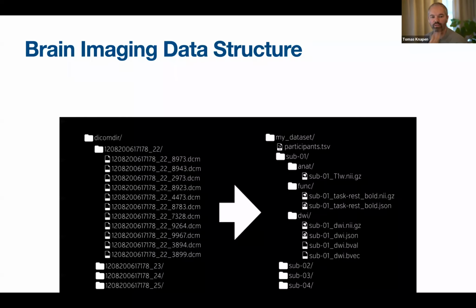So what's this BIDS? Well, as your data come out of the scanner, it's a jumble of files like this. It's really hard to make sense of. So what the brain imaging data structure does is it says, even though your data might be coming out of the scanner in this sort of weird format, and different scanners actually have different formats, right? So it's really hard to compare across different types of scanners.